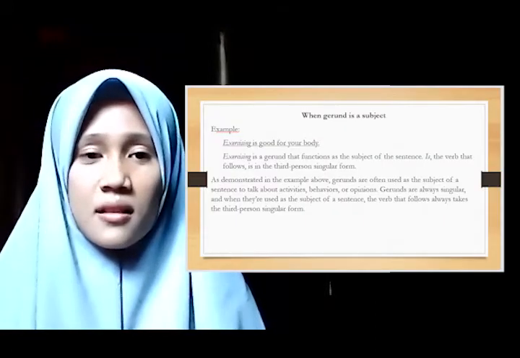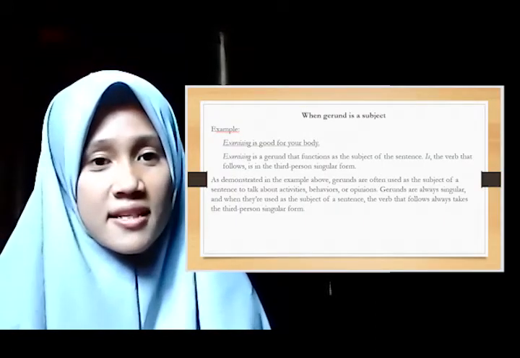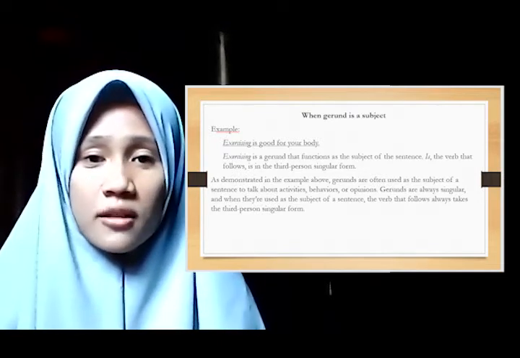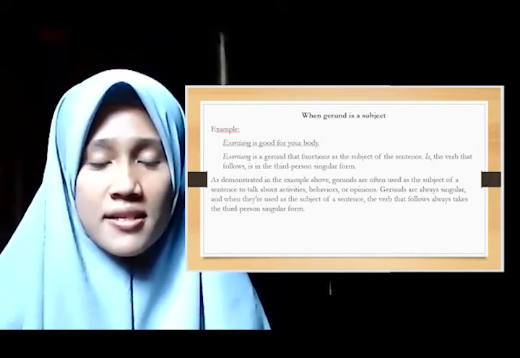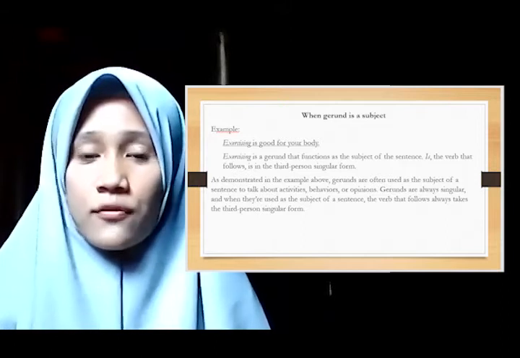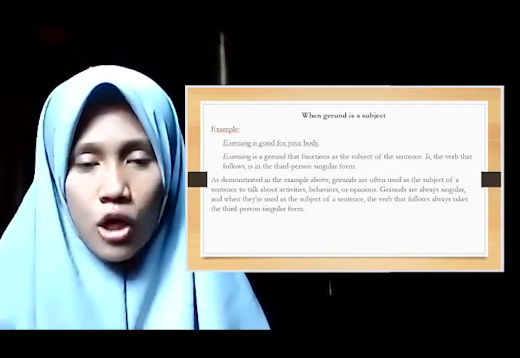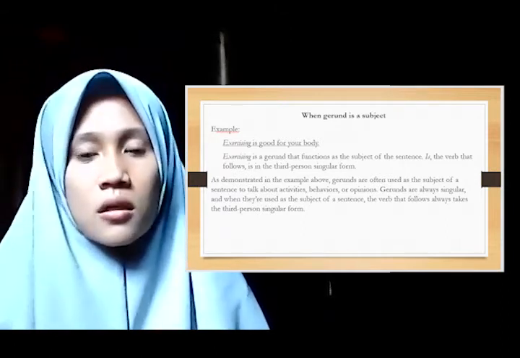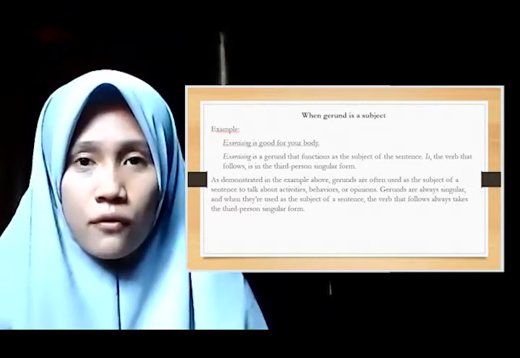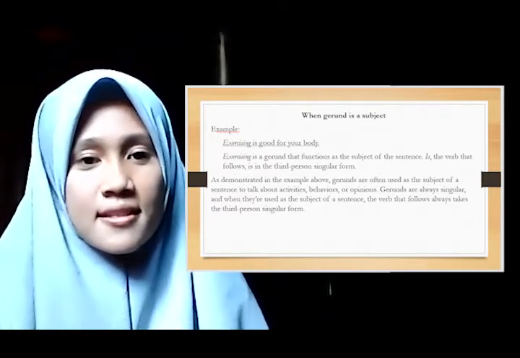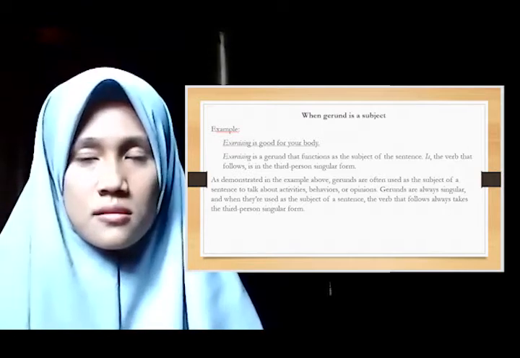When a gerund is the subject, for example: Exercising is good for your body. Exercising is a gerund that functions as the subject of the sentence. The verb that follows is in the third person singular form.